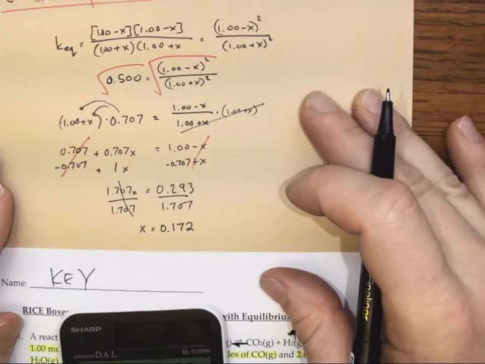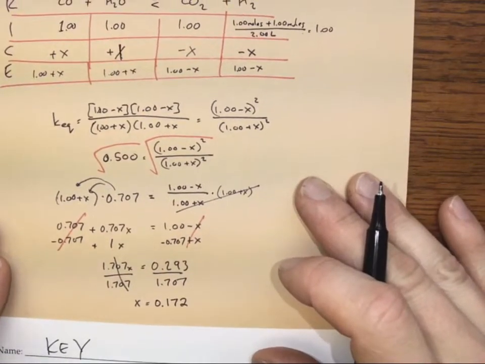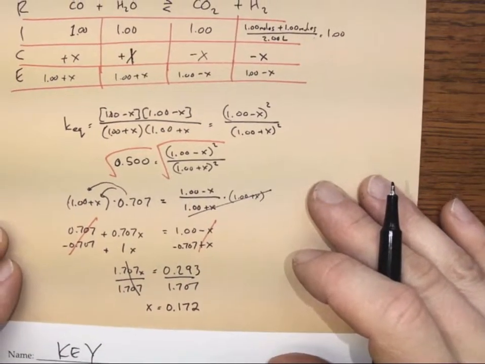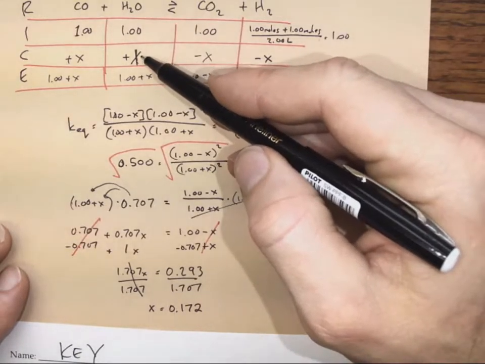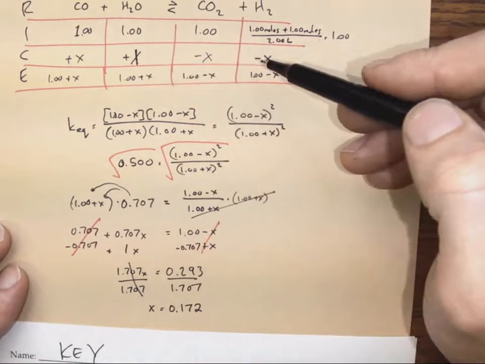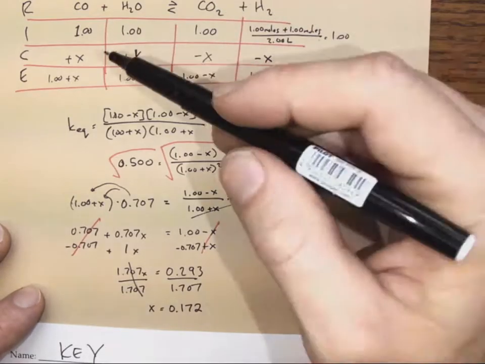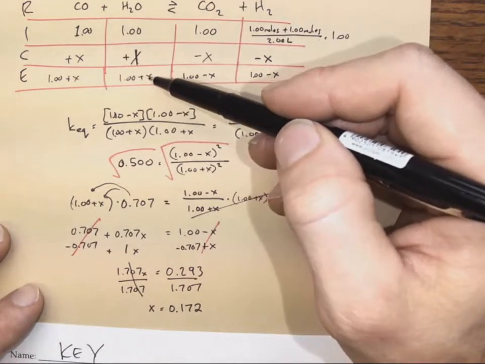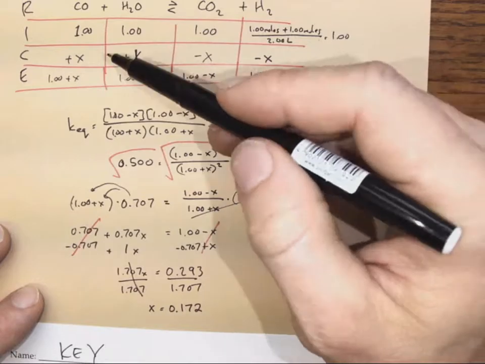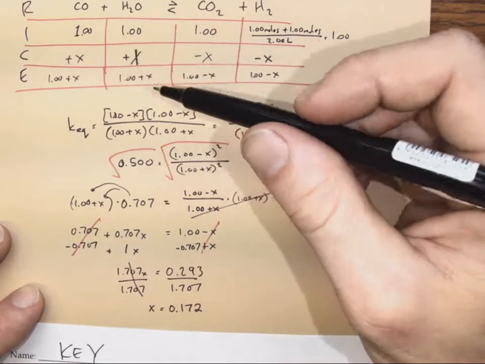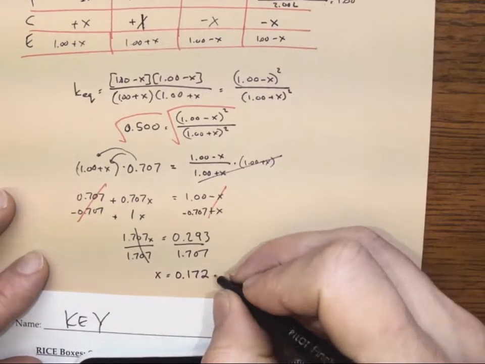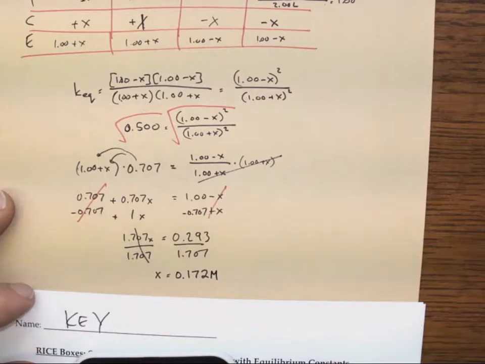Let's go back to our original question. What did our unknown measure? Well, it looks like it measured the change in concentration, the reduction in concentration of our products, and the increase of the concentration of our reactants. So that means it's a concentration, so it's measured in moles per liter, or molar.